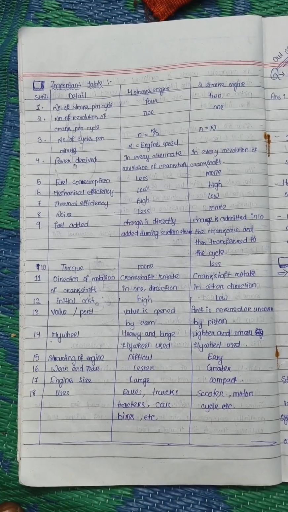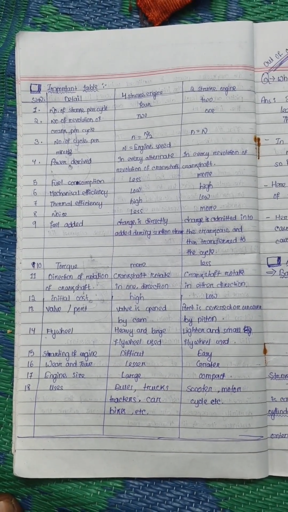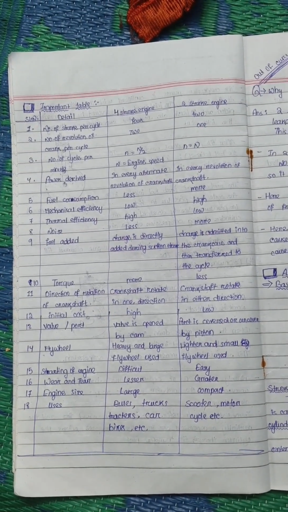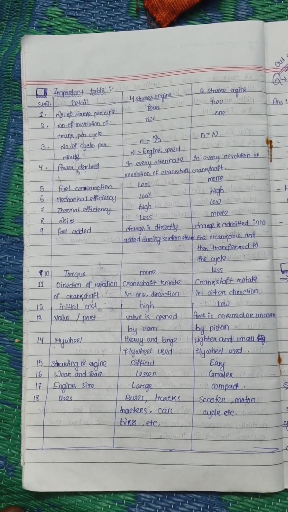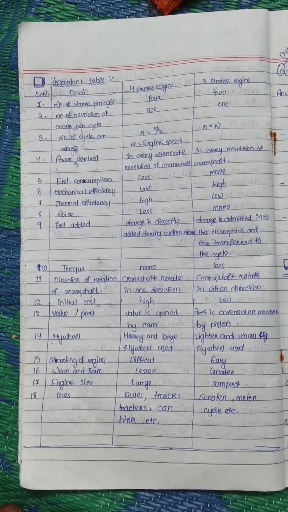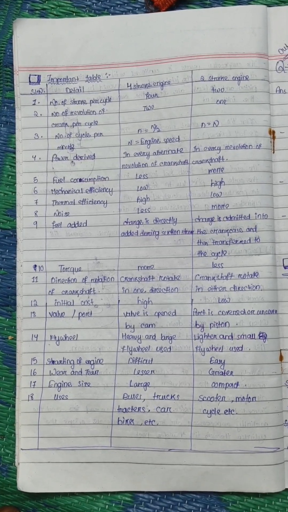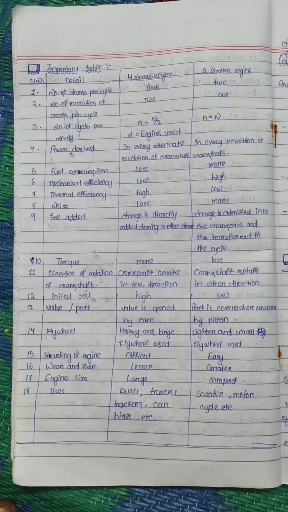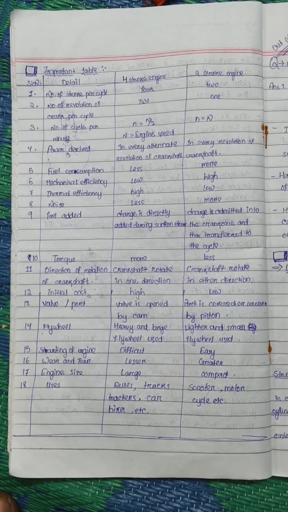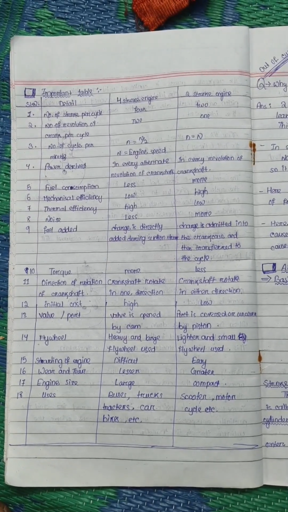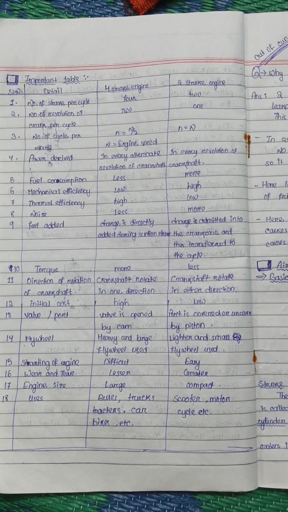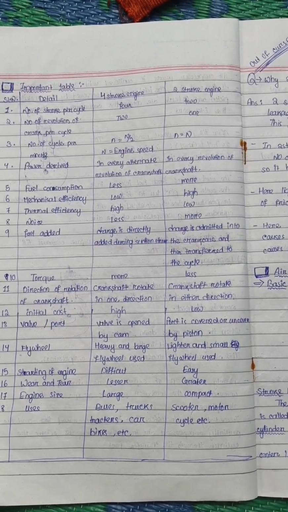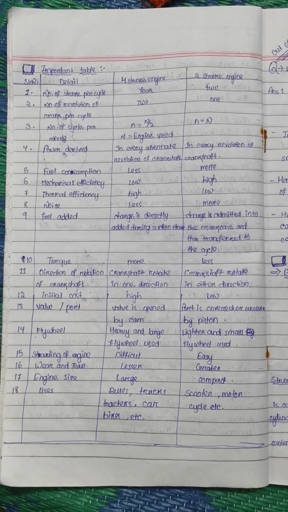The valve or port is opened by a cam in a four-stroke engine, while in a two-stroke engine the port is covered or uncovered by the piston. The flywheel in a four-stroke engine is heavy, and in a two-stroke engine a lighter, smaller flywheel is used.